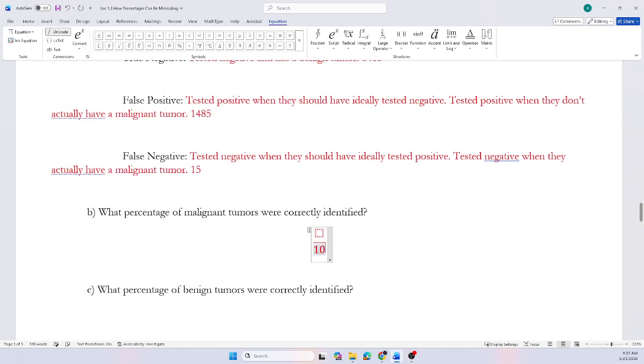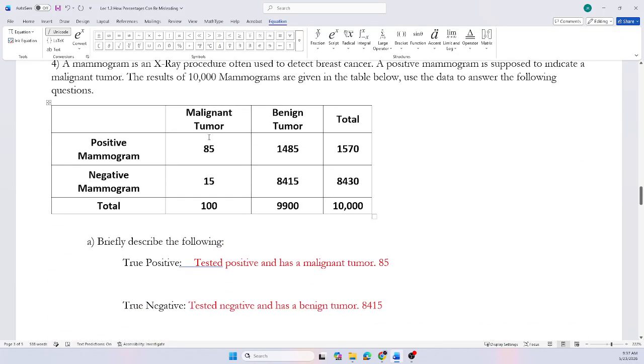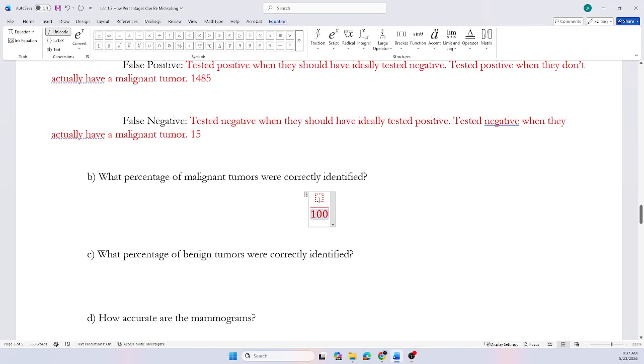Out of those 100 malignant tumors, how many were correctly identified? Well, 85 of them tested positive. In a perfect world, all 100 would test positive, but it's not perfect. 85 out of 100 were correctly identified by the mammogram. So 85 out of 100 equals 85%. So if you had a malignant tumor, there's an 85% chance that you test positive.